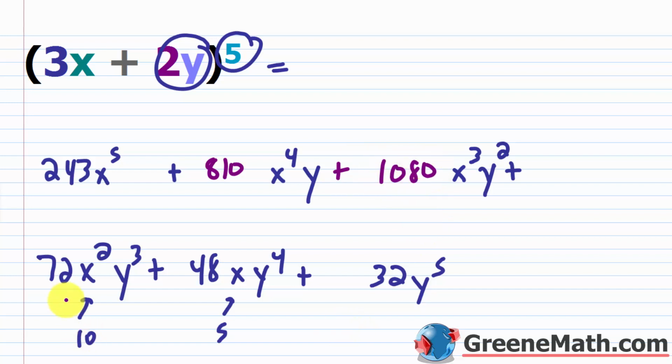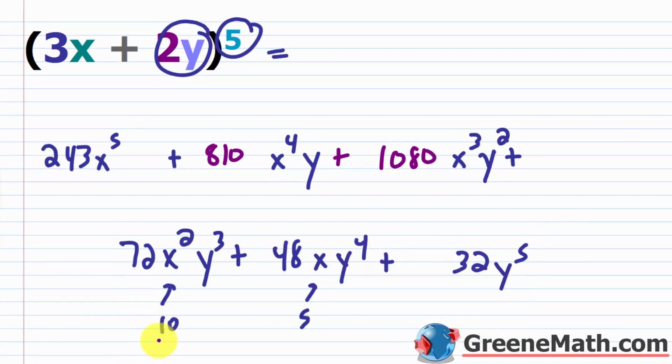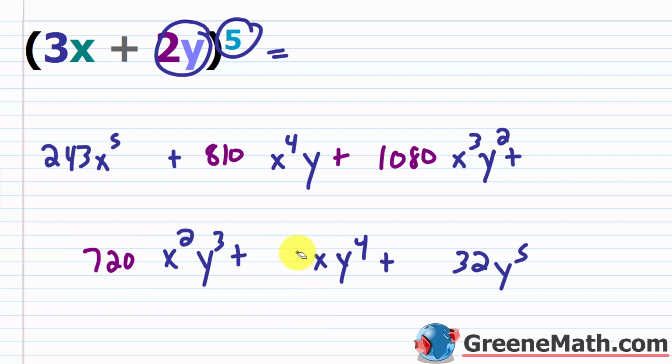And then 10 times 72 is 720. 5 times 48 would be 240, and that's it, we're done. So we get 243x to the fifth power plus 810x to the fourth power y plus 1080x cubed y squared plus 720x squared y cubed plus 240xy to the fourth plus 32y to the fifth power.